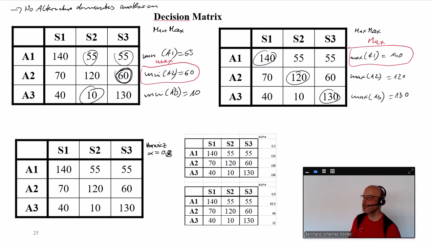And why is it also a good thing doing this? Because then you see where is a preferred alternative for more pessimistic investors, and where is an alternative for more optimistic ones. So this switching point has also information for you.